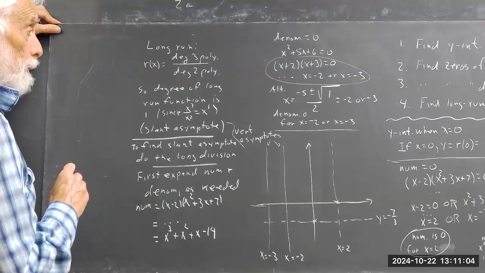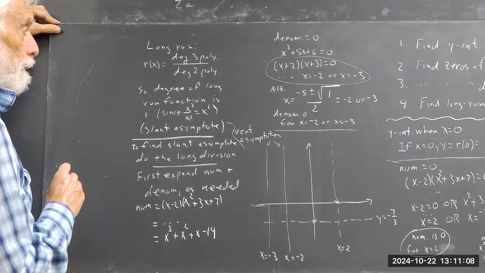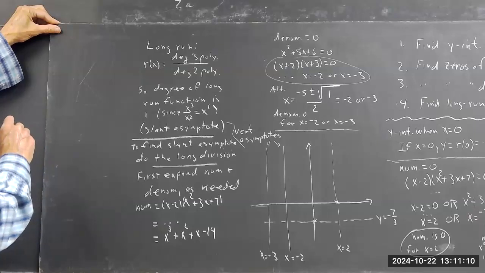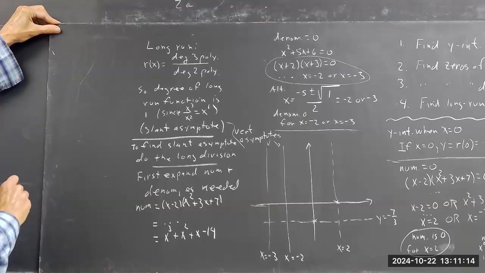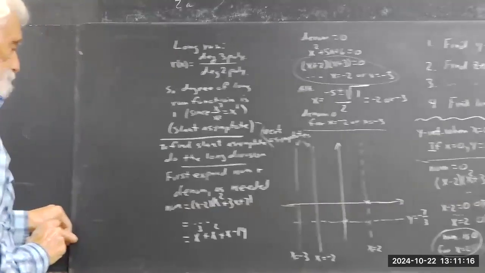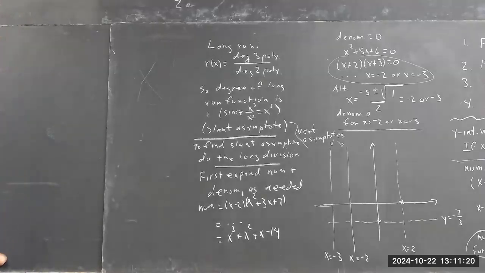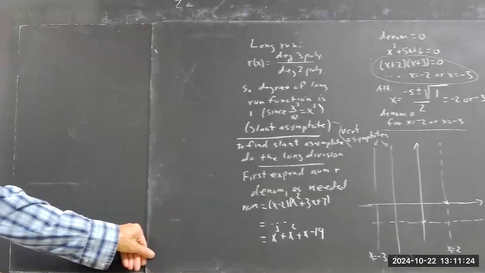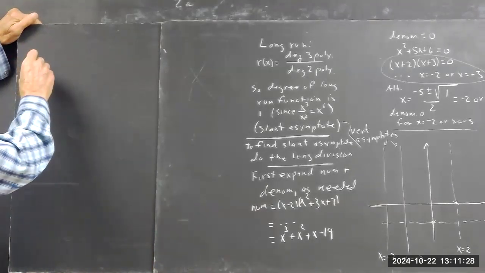The denominator is x squared plus 5x plus 6. It's going to get a little bit long. I'm going to cheat and do that on this board where I have a little more flexibility.